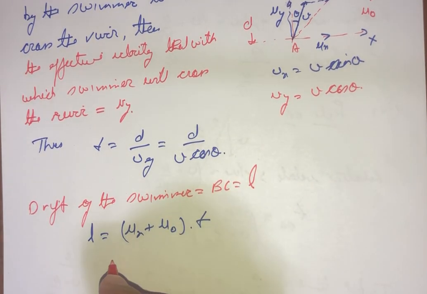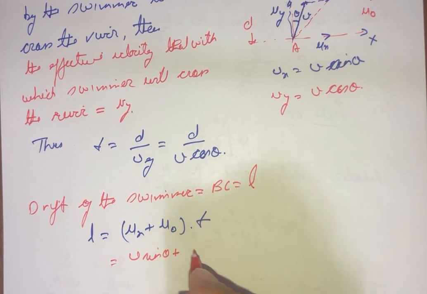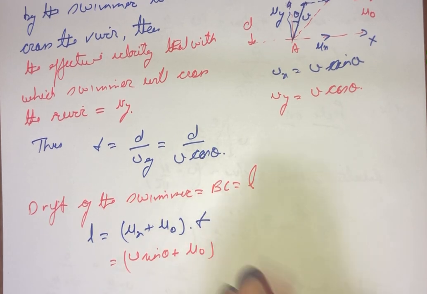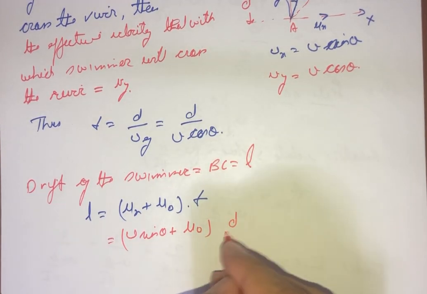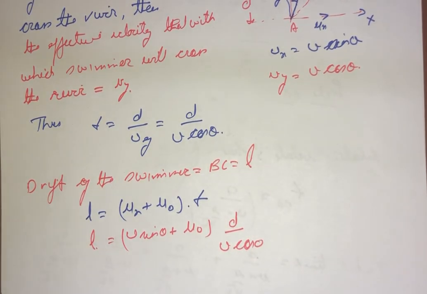Vx is v sine theta plus u naught, and time we already know is d divided by v cos theta. This is L.